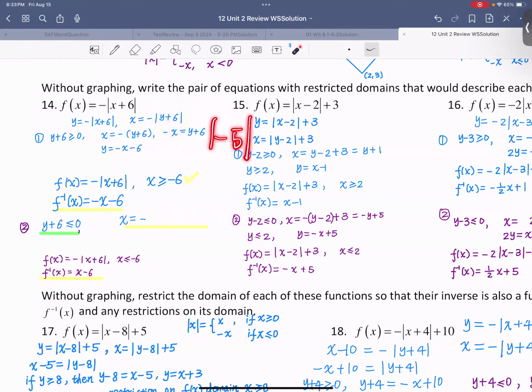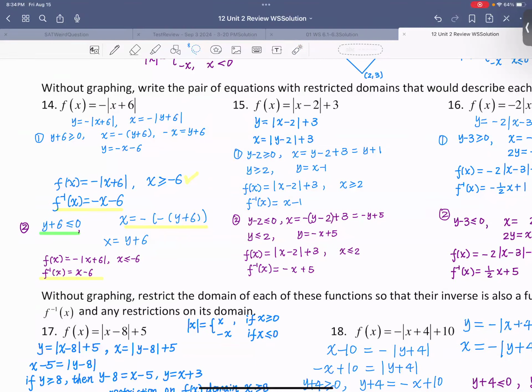Negative 5, absolute value is negative 5. The inside is negative, so you have negative of y plus 6. The guy inside is negative. Yes. Correct? Yes.